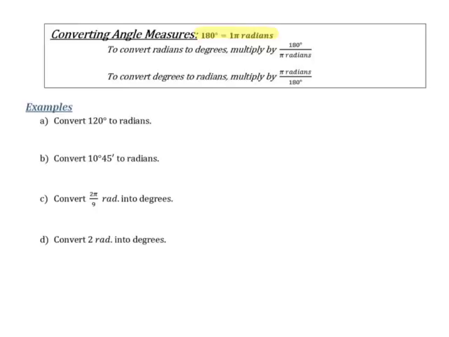Here we have some questions. We've got 120 degrees. We want to convert that to radians. Well, up here, if we want to convert degrees to radians, we're going to multiply by pi radians, which we'll abbreviate rad, divided by 180 degrees.